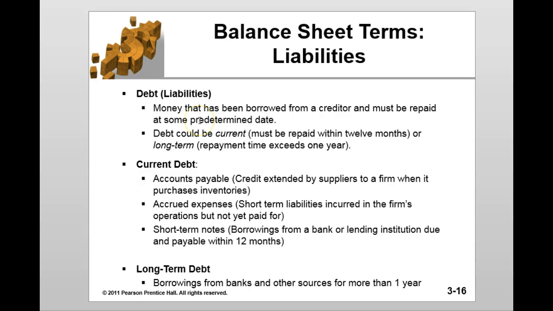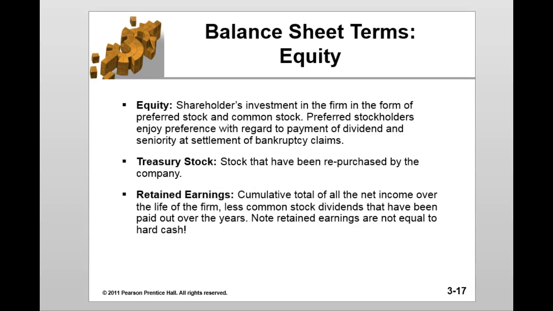Then you have liabilities. Remember that equation, assets equal liabilities plus owner's equity. So then you'll have debts, you'll have current debt, and you'll have long-term debt. Current debts, again, are the accounts payable, the accrued expenses, short-term. Long-term are things over a year. And finally, we get to the equity, which shows how much the shareholders have invested.